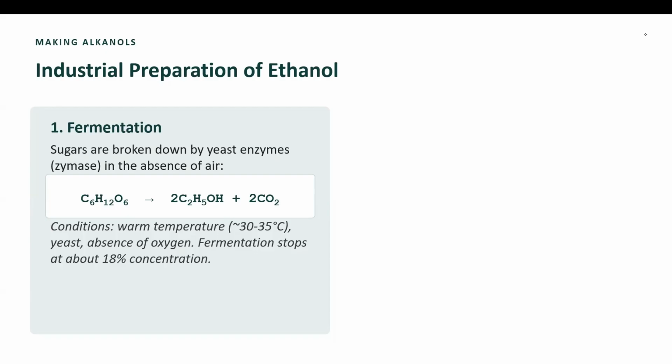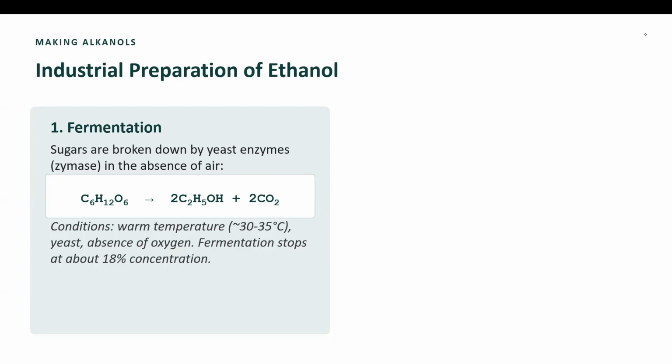Now, if the fermentation reaches 18% concentration of ethanol, the fermentation will stop. And the reason, I need you to write this down, is because that concentration of ethanol will kill the enzyme in yeast.